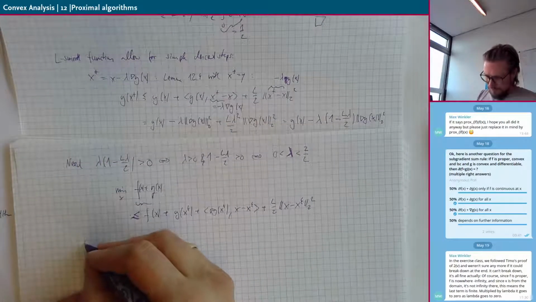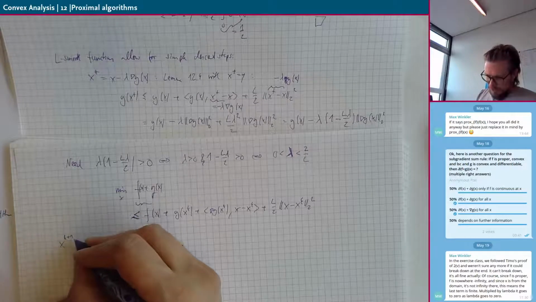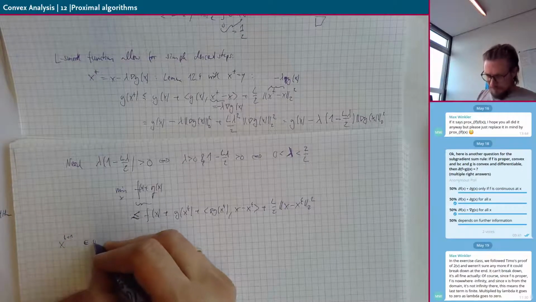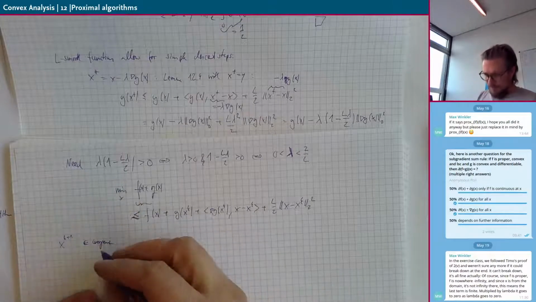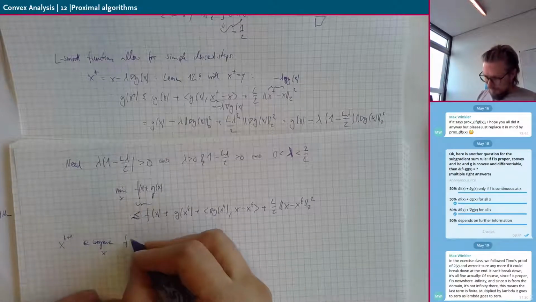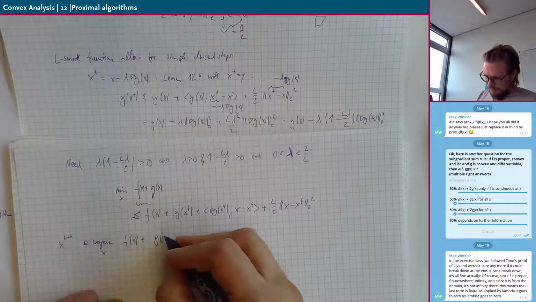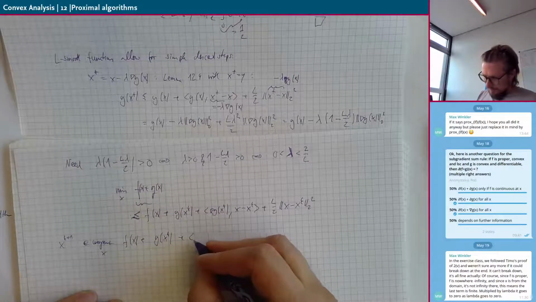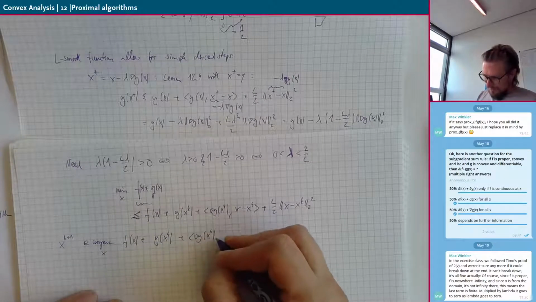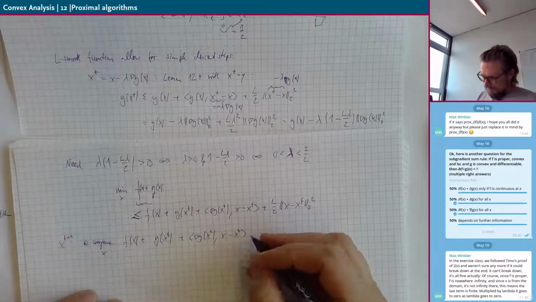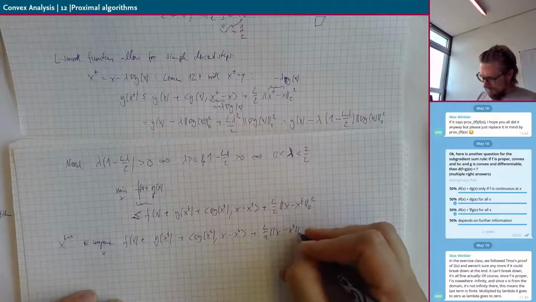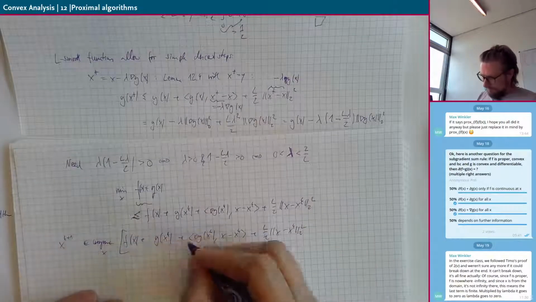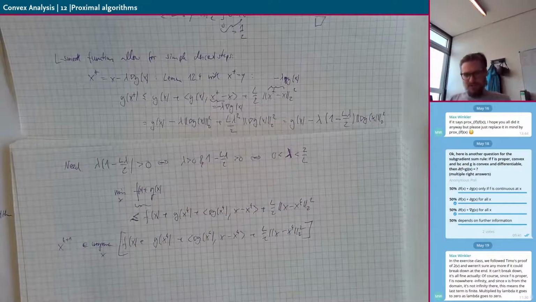So xk plus 1 shall be an element of the minimizer of this, not of that anymore. So it's f of x plus g of xk plus gradient g of xk times x minus xk plus L over 2 times x minus xk squared. So that's our step.